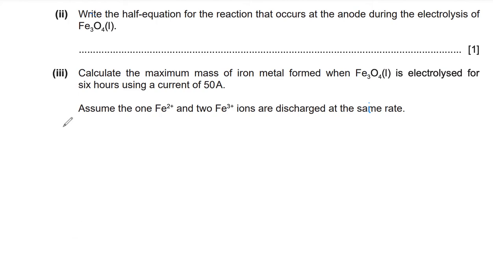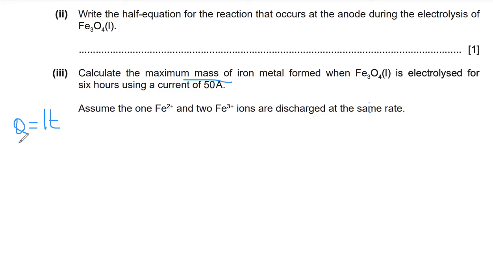So the first formula would be Q is equal to I T, and we have to find the maximum mass of iron formed.